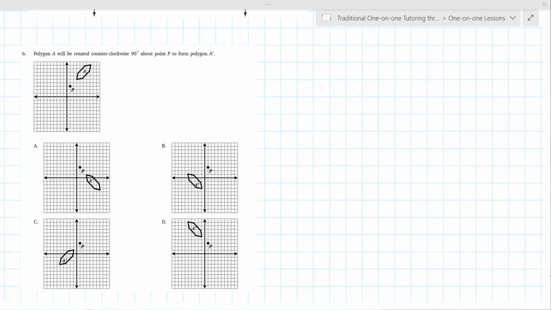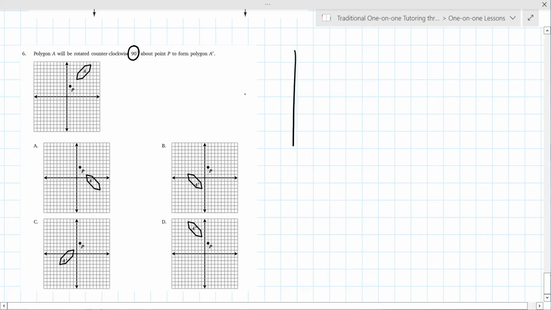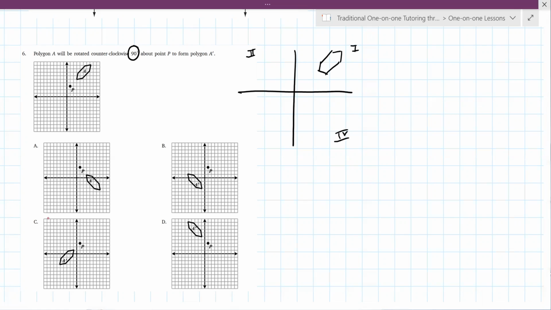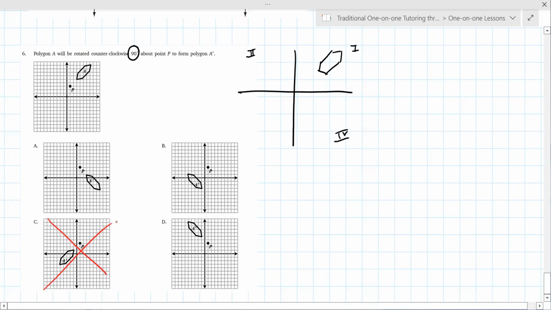C. Okay, and how confident are you in your answer? I'm not very confident. Okay, so with 90 degrees, you always think of it as it can only move one quadrant. So the answer is either over here to the left or down. So it can definitely not be C. C's in the wrong quadrant.